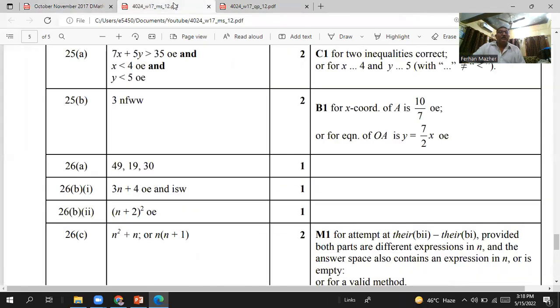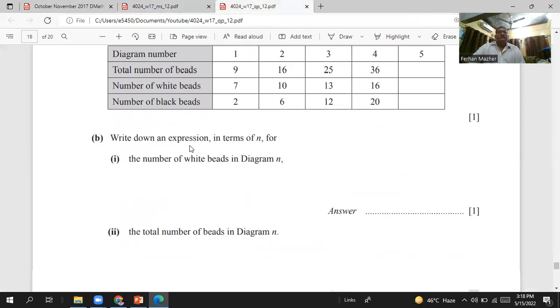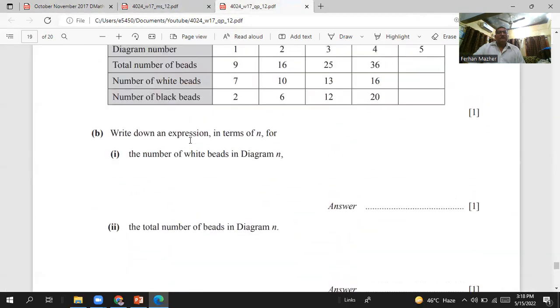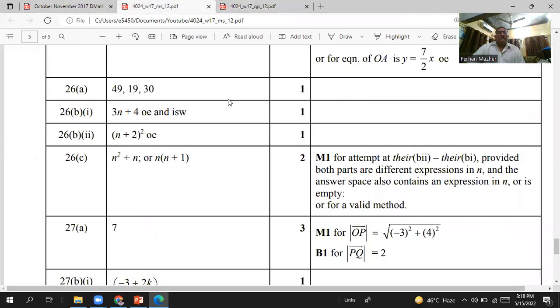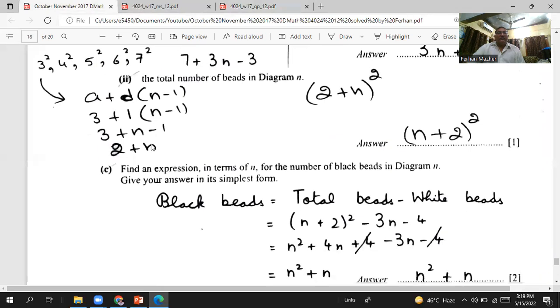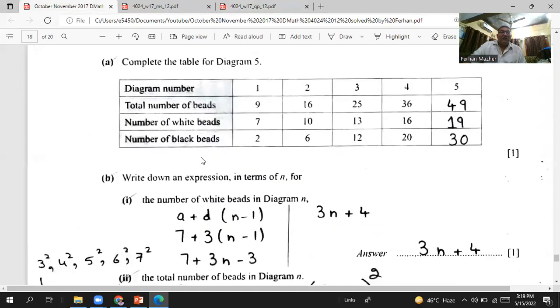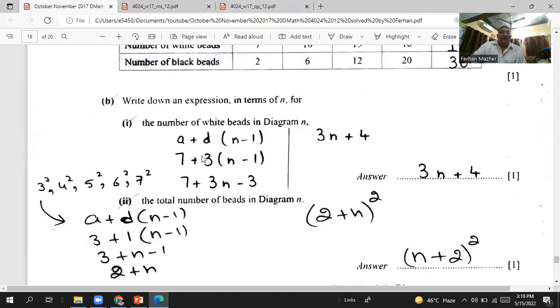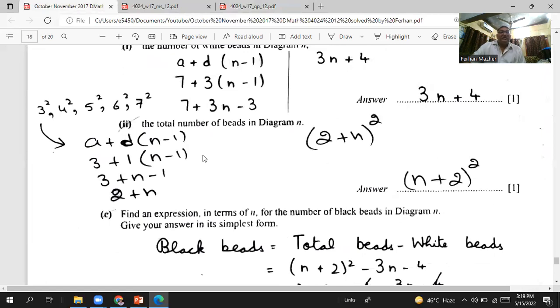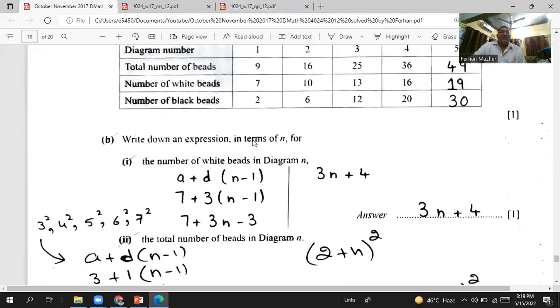So let's check. Then it says find an expression in terms of n for the total number of beads.